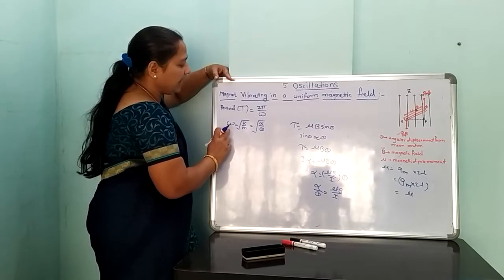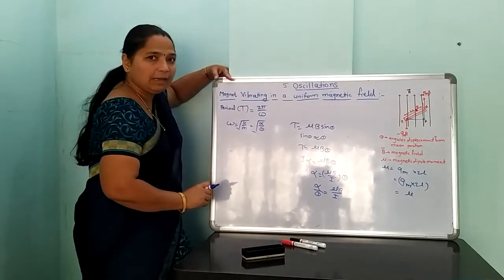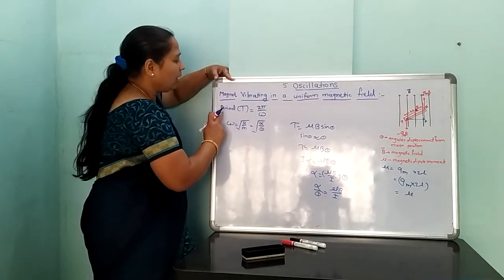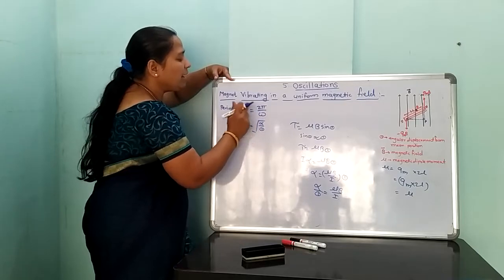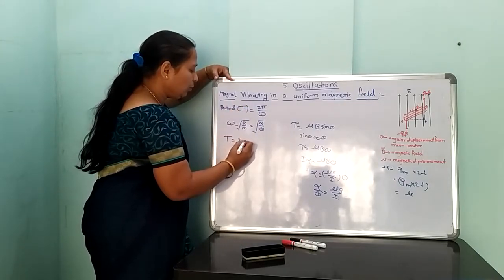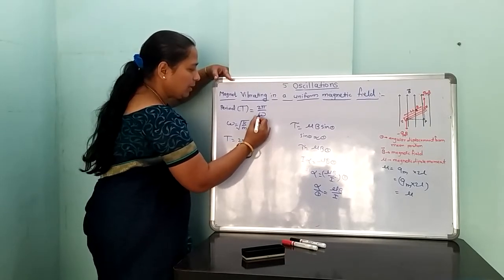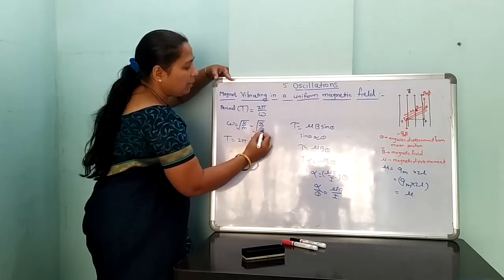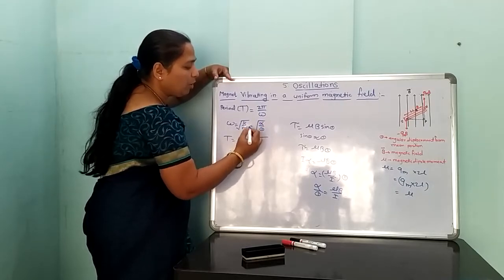Omega is related as omega equal to the square root of alpha upon theta. Therefore, period T is equal to 2 pi upon omega. Substituting the value of omega, period T is equal to 2 pi square root of alpha upon theta.